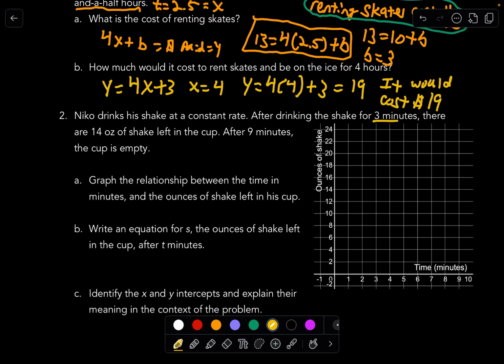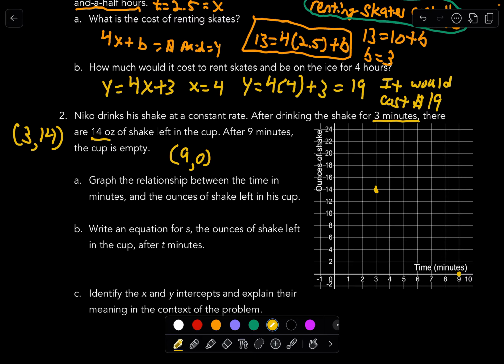After 3 minutes, 14 ounces. All right? So 3, 14 is a point on the line. You can plot that. 3, 14 is right there. And then after 9 minutes, the cup is empty.